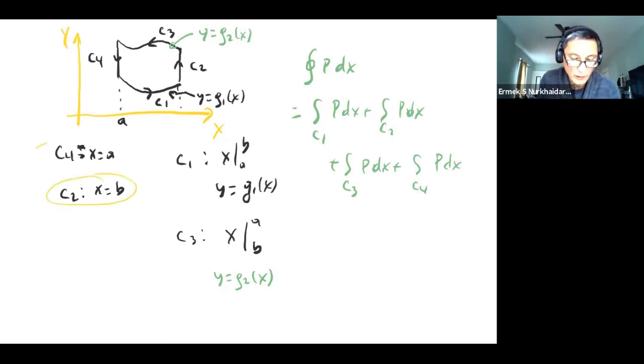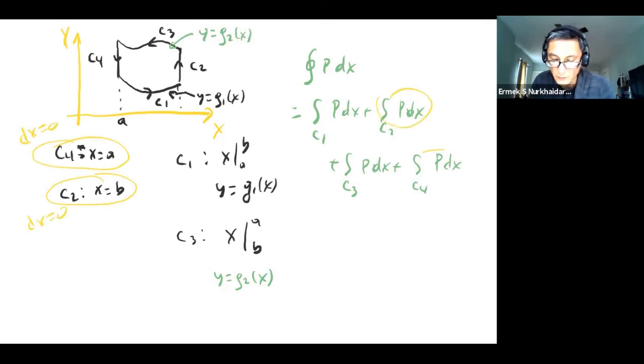For C2 and C4, dx equals 0 because x is not changing. So C2 and C4 will just disappear.